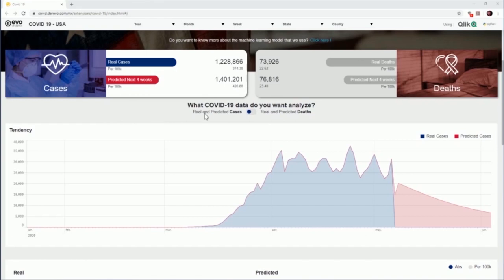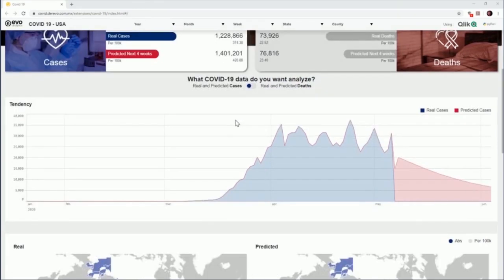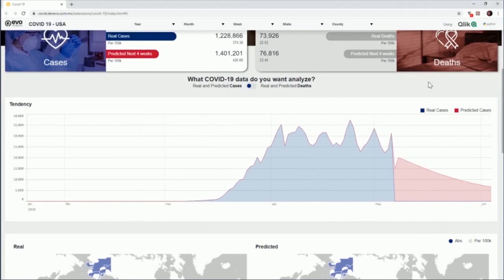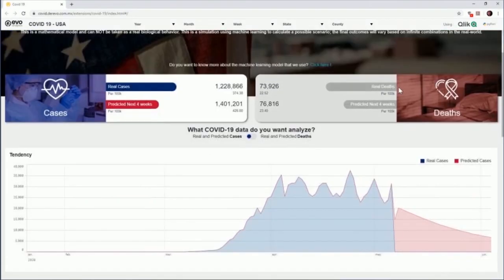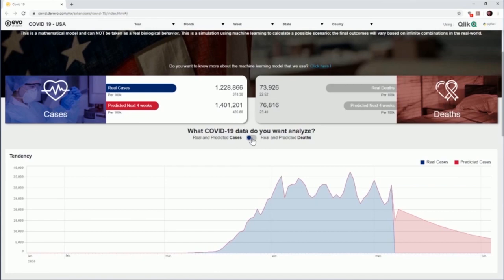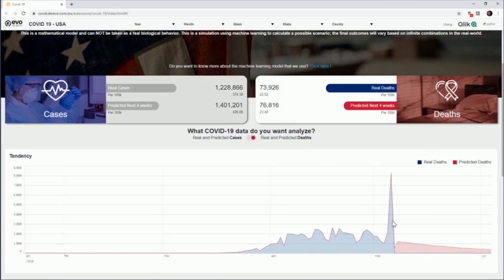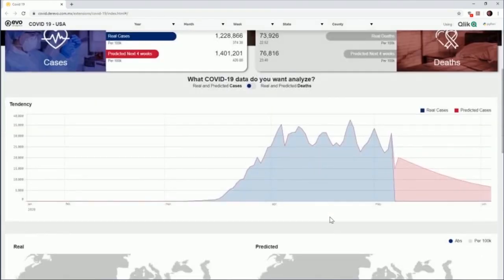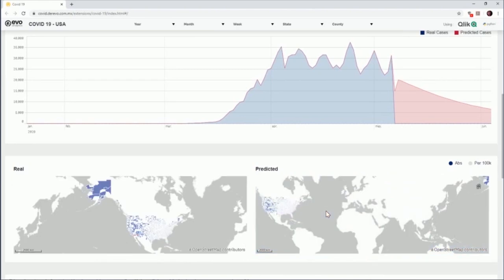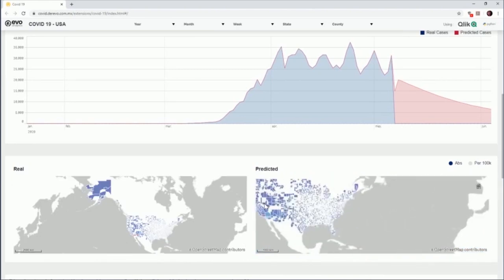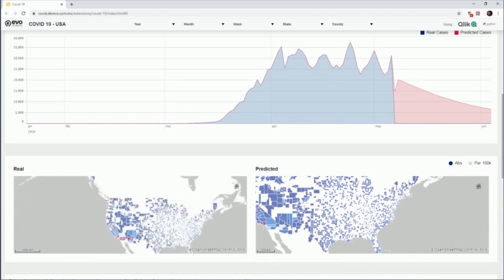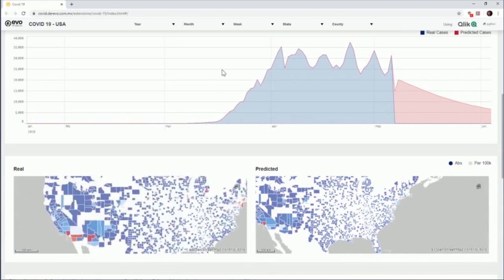Sure. Okay, so if you enter the page and scroll down, you're going to see the graph of the total of the counties and states of the cases, and you can choose between cases and deaths, and it will automatically generate the graphs. If you scroll a little more down, it's going to show you a heat map with the cases, depending on what you're choosing.